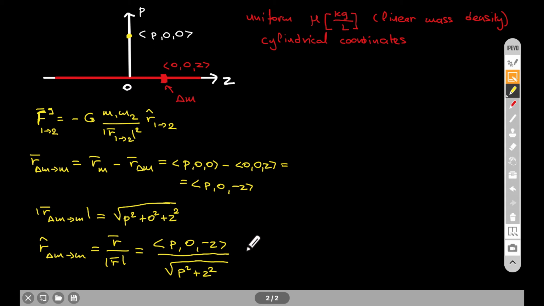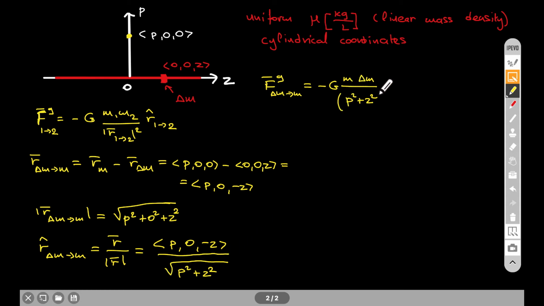Now that I have everything, I will combine it into this expression. So that will give me the gravitational force from the small piece of mass to the point particle: minus G m delta m over the magnitude squared, so that will be simply rho squared plus z squared, and then times the unit vector, but the unit vector in the denominator includes the square root.